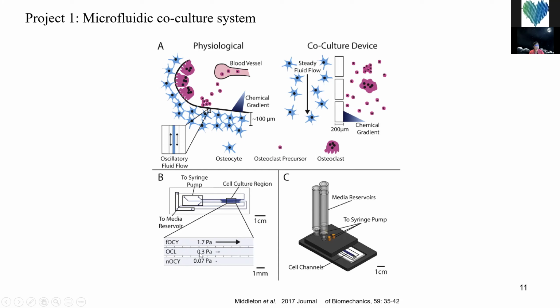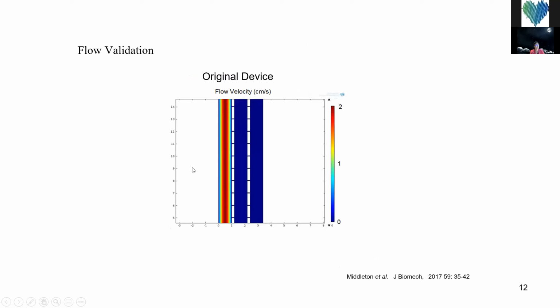That way we can apply different mechanical loading to different cell populations at the same time, and observe how they communicate to each other, with different cell populations under different chemical signals and different chemical signal gradients.